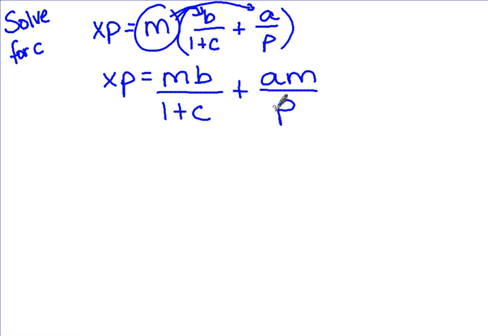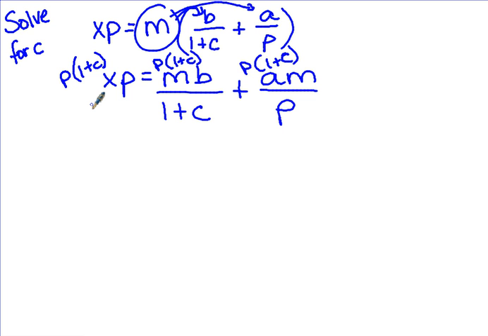Alright, again, we're solving for c, so I want to set everything equal to c. I need to get rid of the fraction, so I'm going to multiply through by a common denominator. Common denominator in this case is going to be p times 1 plus c. So I'm going to multiply each term through by p times 1 plus c.